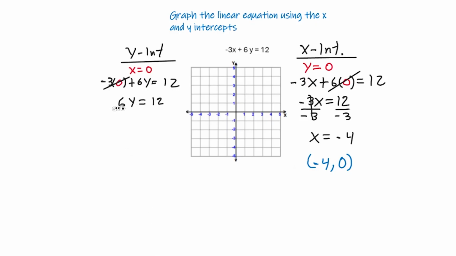Then the next step is getting rid of this number 6, because 6 is multiplying y. To get rid of it, we're gonna be dividing by 6. 6 divided by 6 is gonna be 1. 1 times y, that's how you get y equals 12 divided by 6, you're gonna get 2.